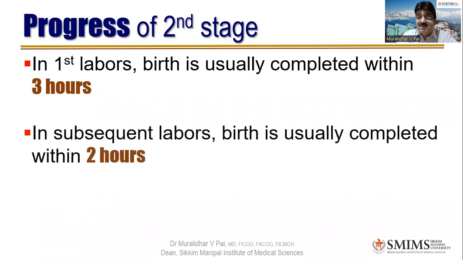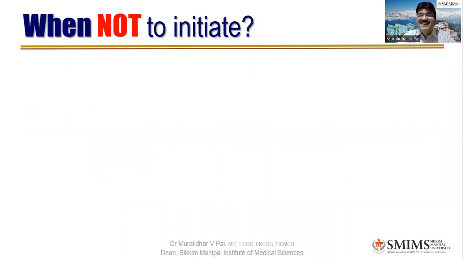In subsequent labors, that is in multi, birth is usually completed within 2 hours. Again, we all know that it should be 1 hour. So 3 hours and 2 hours, these are the maximum limits. Again, let me put the disclaimer, provided everything is fine. Everything is fine means baby is fine, mother is fine, obstetrician is fine, and uterus is fine.